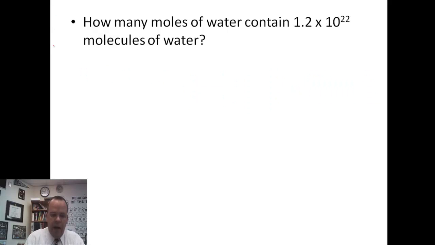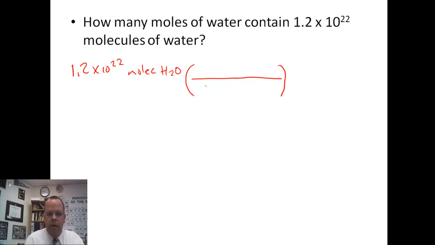This next case, we have molecules of water. 1.2 times 10 to the 22nd molecules of water. We want to get rid of molecules, so 6.02 times 10 to the 23rd molecules of water over 1 mole of water.